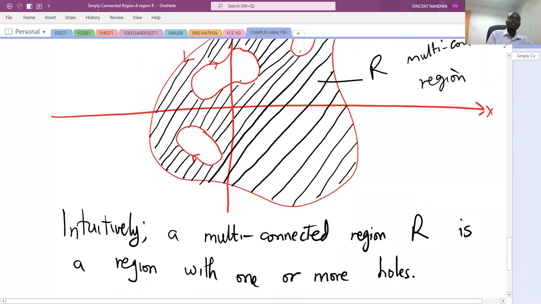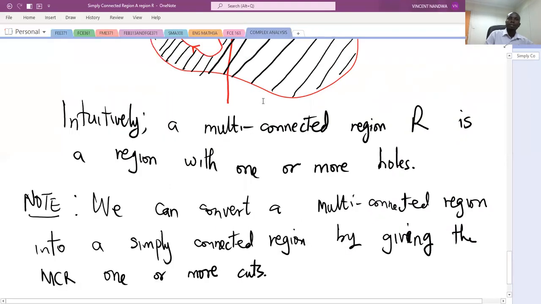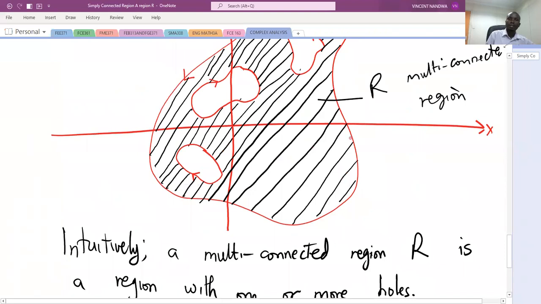Like we say, if you pick this part, then you see this part here will be a simply connected region because there'll be no hole at this point here.